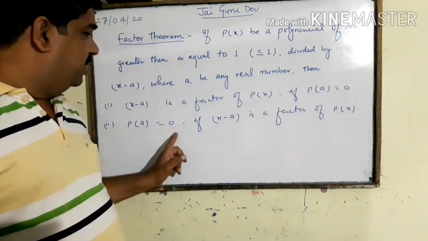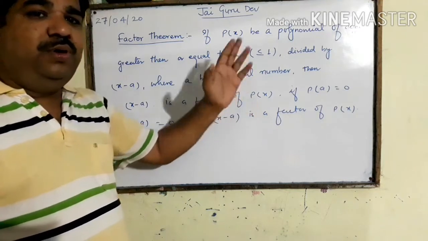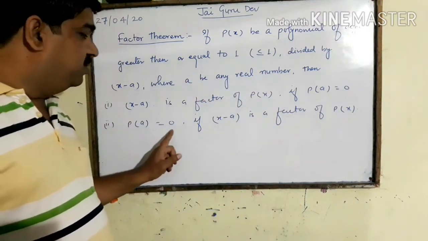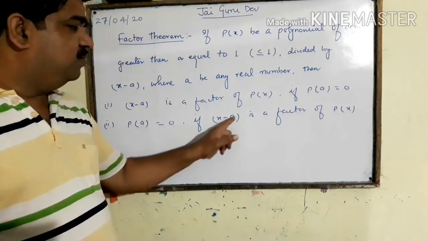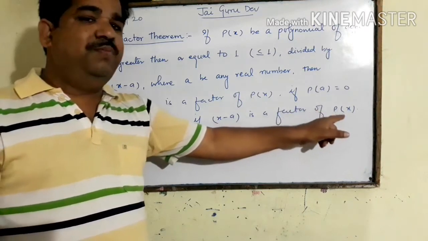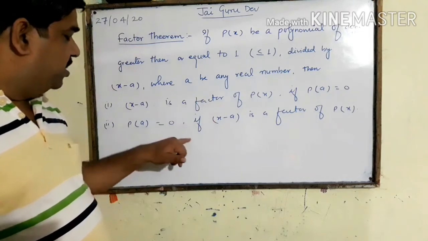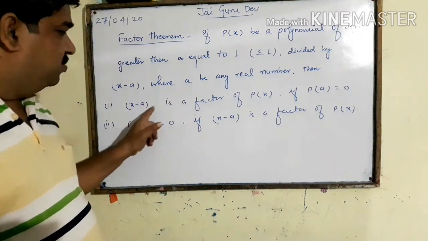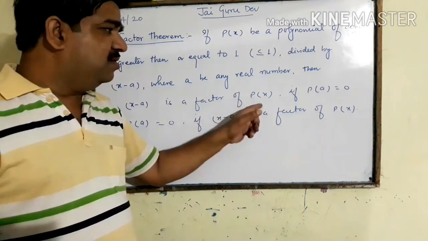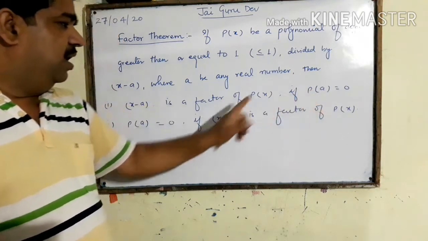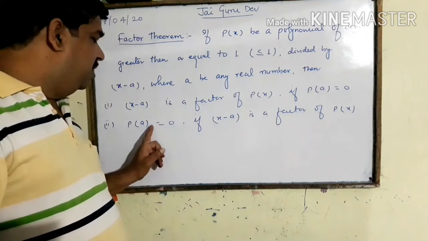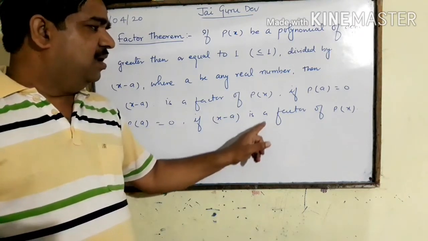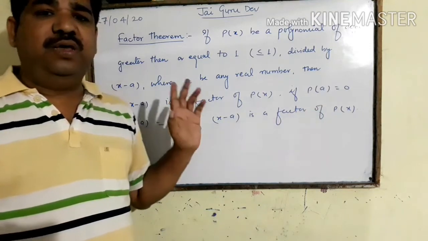Now in the second point, the same expression is used in reverse form: p(a) equals 0 if x minus a is a factor of p(x). So the second point is just a reverse of the first point.